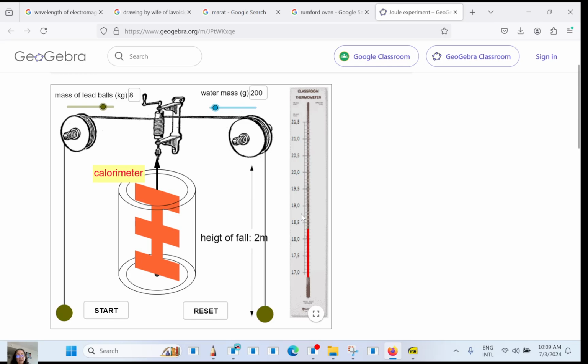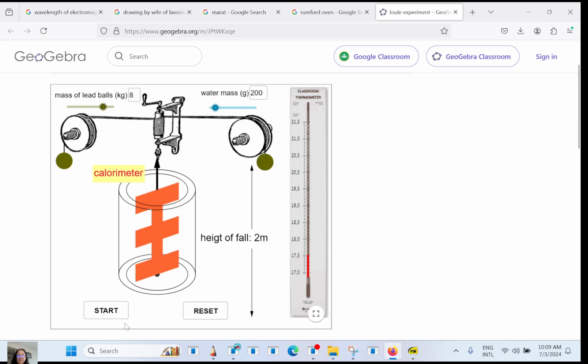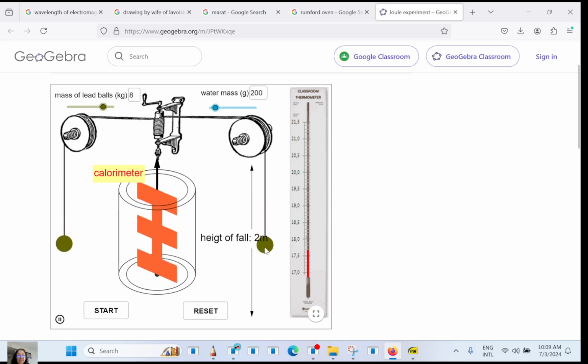That will lead to a rise in temperature. So temperature here is 17.5, and it's going to increase. So all that potential energy is going to turn into thermal energy, and you can see the increase in temperature. So this is a very famous experiment.